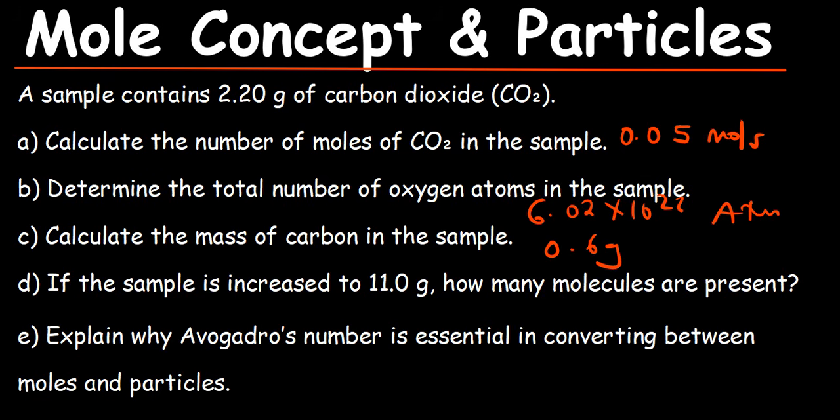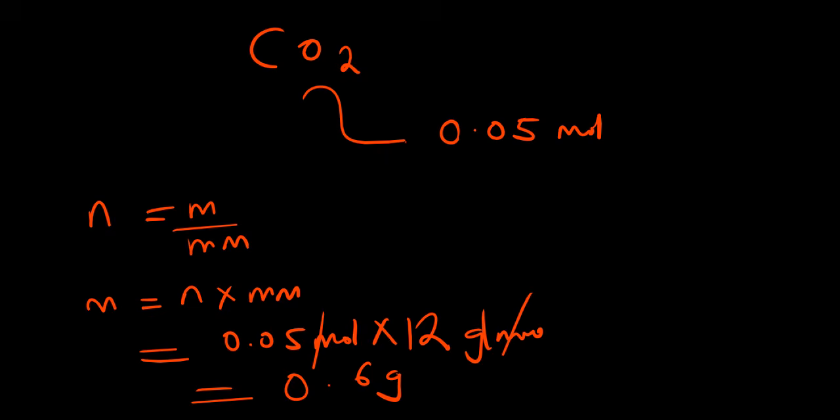And then we come to D. If the sample is increased to 11 grams, how many molecules are present? It's not really something that is complicated. You've just increased it to 11 grams. So the number of moles is equal to mass over molar mass. We first have to find the number of moles, because it's the one that is going to help us find the number of molecules.